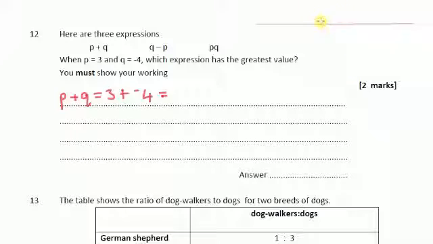Then 3 means 3 steps to the right, followed by negative 4, so followed by 4 steps to the left. So 3 followed by negative 4 takes me to this point, which is 1 before 0, negative 1.